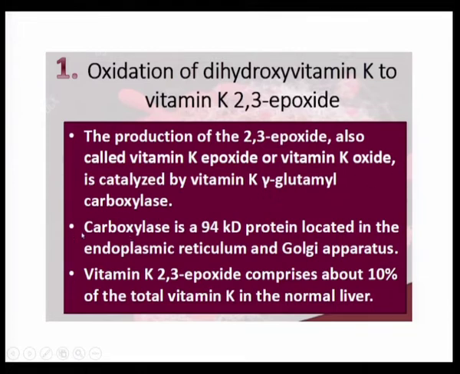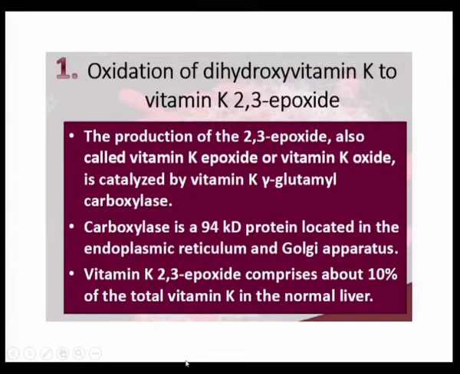So this is the full name of this particular enzyme. It is not a very big, but relatively big, 94 kilodalton protein, and you find it in the organelles endoplasmic reticulum and in the Golgi apparatus.